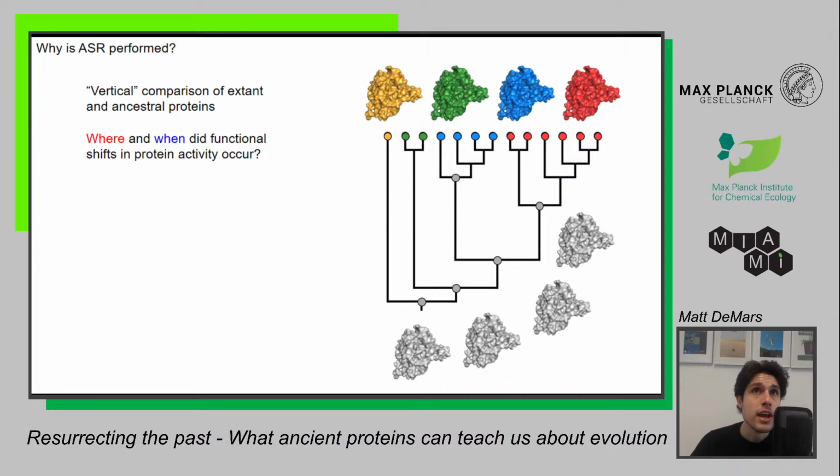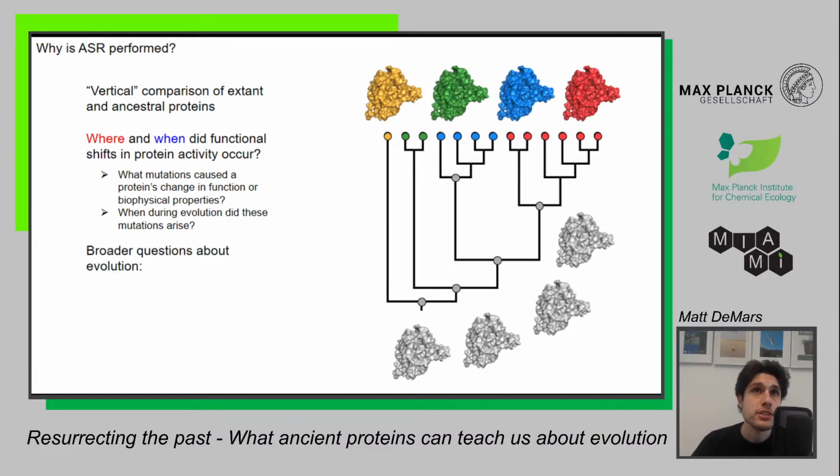Namely, where and when did functional shifts in protein activity occur? By where, I'm referring to where in the protein sequence, so what mutations caused a protein's change in function or biophysical properties. And then when, so when during evolution did these mutations arise?